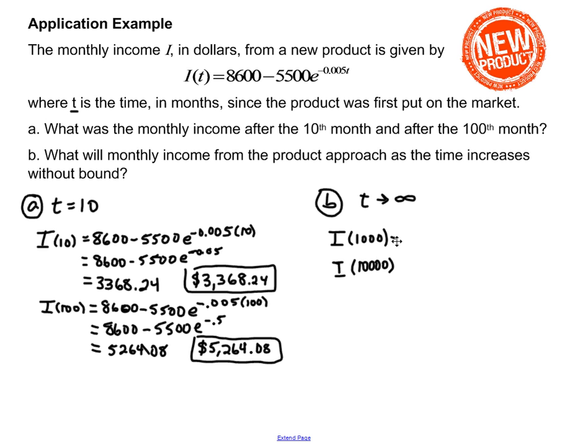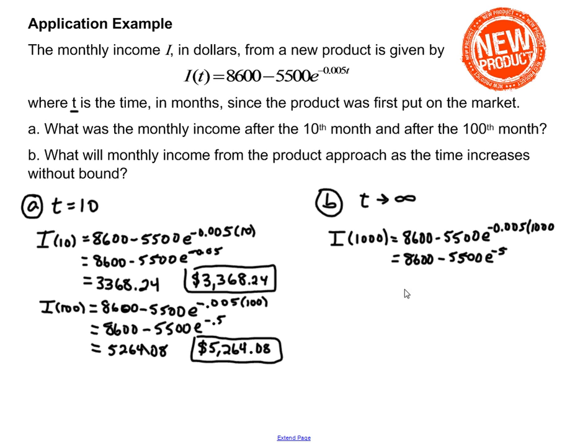Remember, this would say 8,600 minus 5,500 times e to the negative 0.005 times 1,000. Well, what is that really? We think of that as being 8,600 minus 5,500 times e to the negative 5.